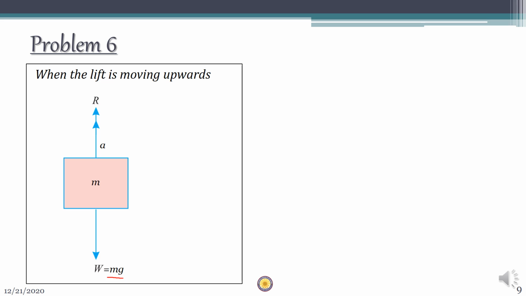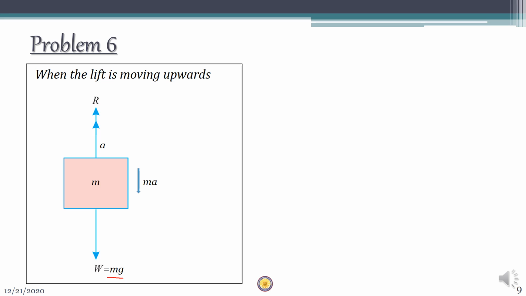In order to bring it to dynamic equilibrium, we have to put a force vector exactly opposite to the direction of acceleration. Acceleration is upward, so we put the force vector downward and its magnitude will be mass into acceleration.